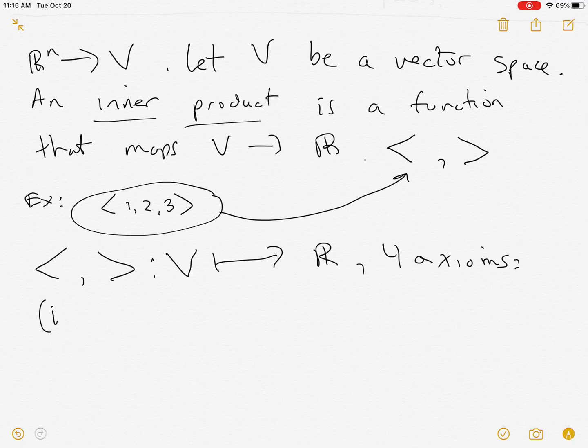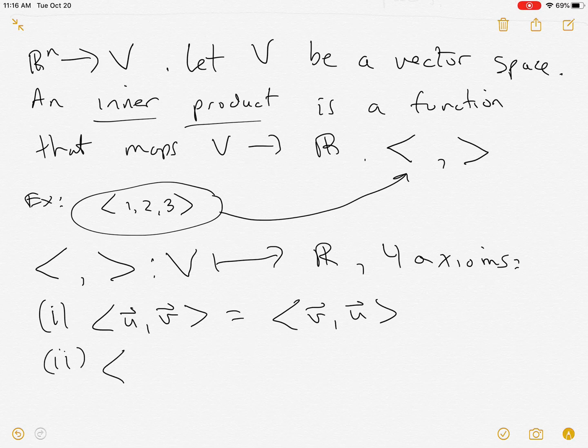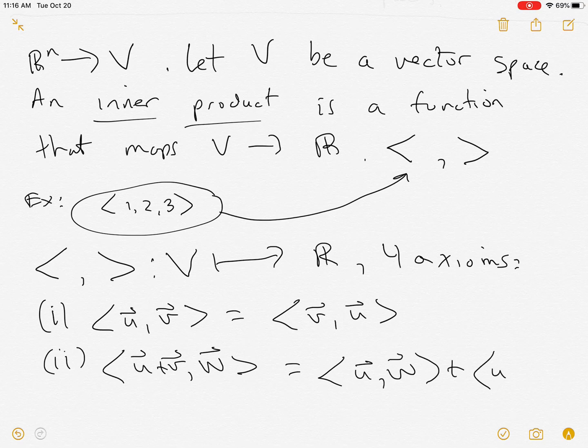So 1, if you take 2 vectors in V and you take their inner product, it has to be the same if you switch them. 2, if you take the sum of 2 vectors, inner product with another vector, this needs to equal this. So inner product distributes across addition.